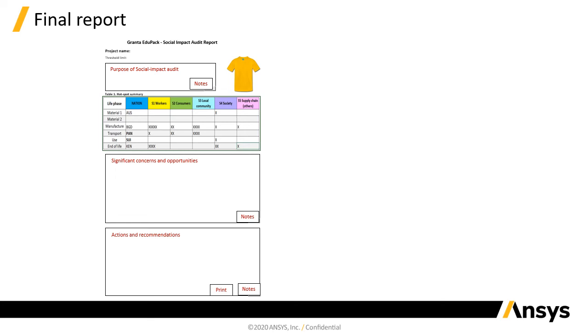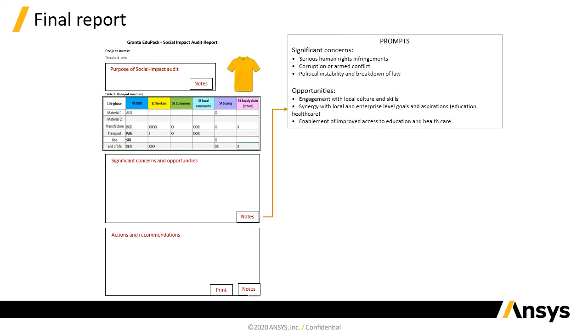So the final report includes the purpose of the social impact audit, and significant concerns and opportunities, as well as actions and recommendations. So we give examples of those significant concerns, for example, serious human rights infringements or corruption or conflict, political instability.